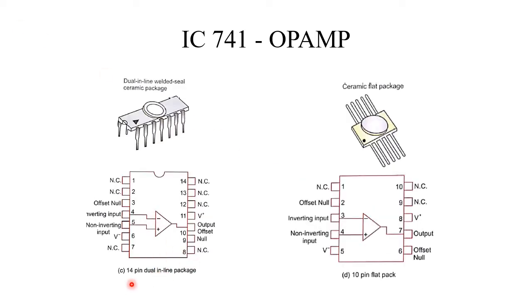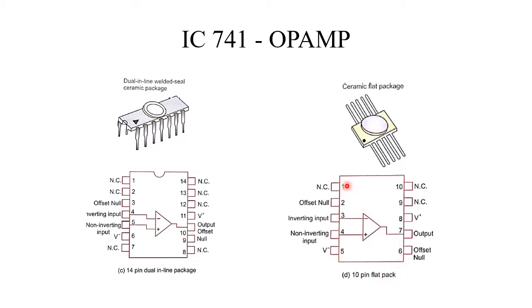Similarly, this is the 14-pin dual inline package. Here is the reference mark, and if you move towards the left, the numbering is done in the anti-clockwise direction, 1 2 3 4 5 6 7 8 9 10 11 12 13 14. So this is the 14-pin dual inline package. The next one is the 10-pin flat package.